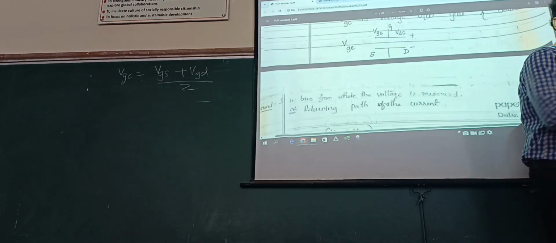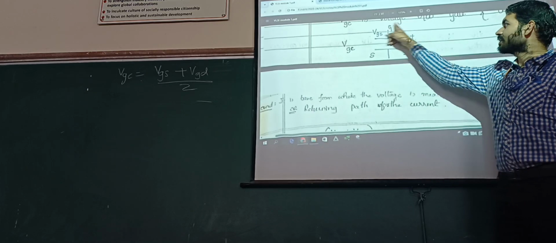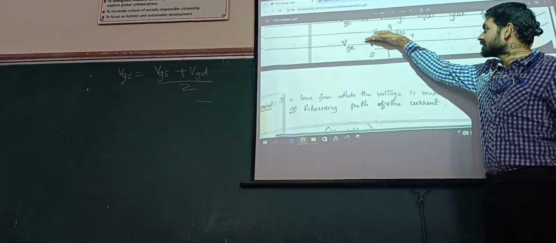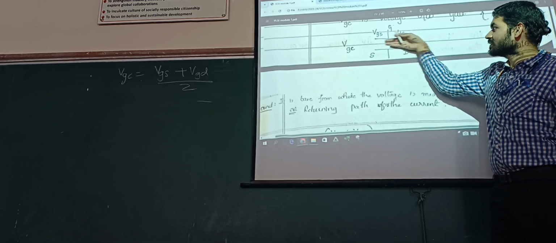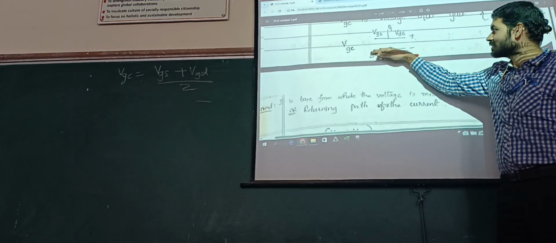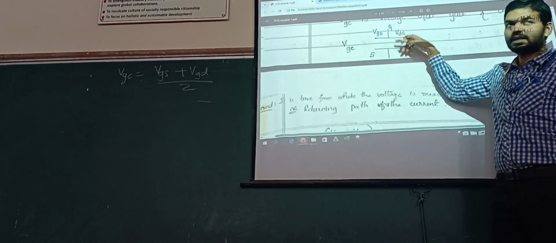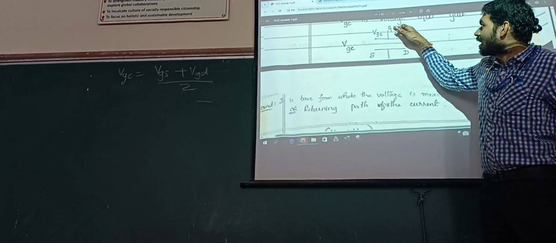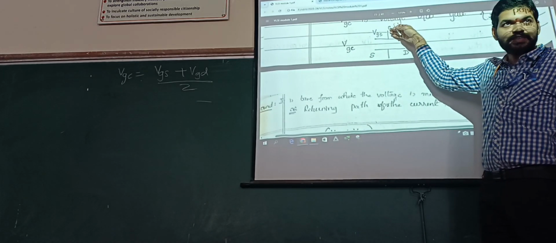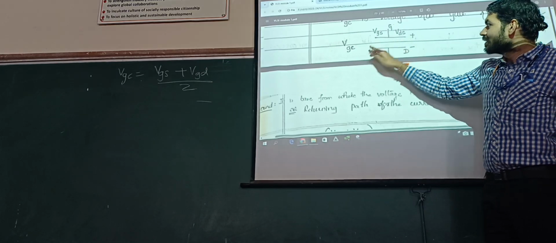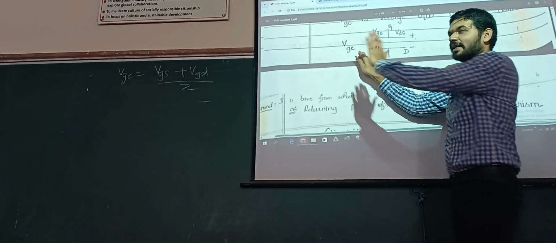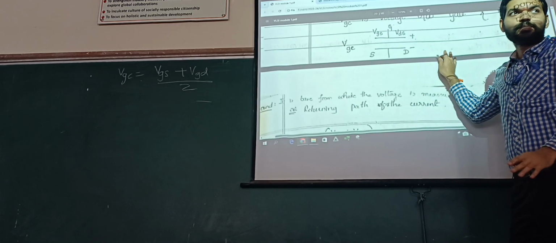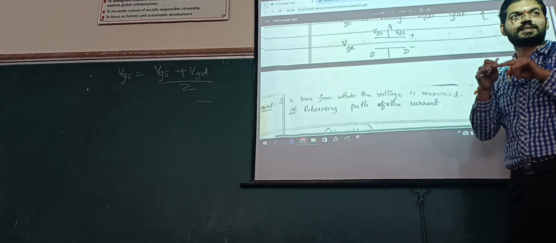Look at this structure. This is gate, this middle one is oxide and this is semiconductor, so it is acting like a capacitor. Here I am applying gate voltage VG. On the left-hand side I have source, on the right-hand side I have drain. Remember the MOSFET structure.